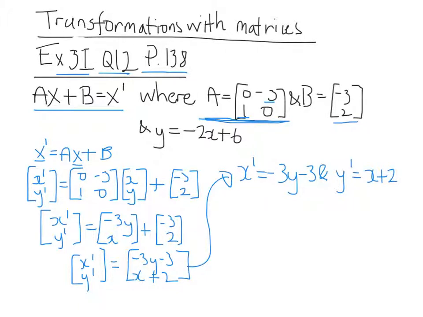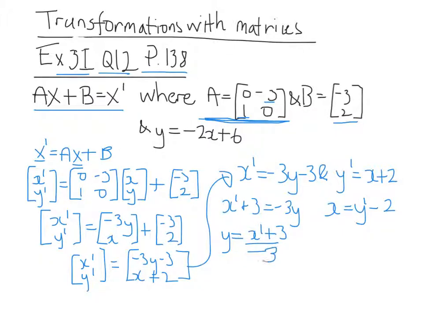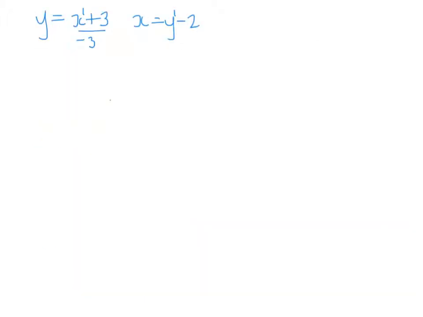Now I'll use a little bit of algebra and rearrange it so that x is equal to y dashed minus 2, and in this one x dashed plus 3 is equal to -3y, and I'll rearrange this to get y. Now I'll turn over the page in just a second.